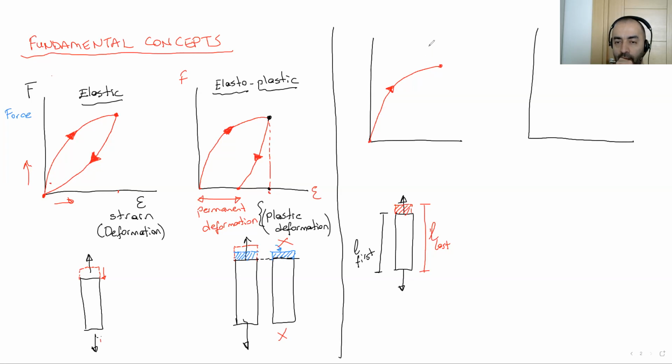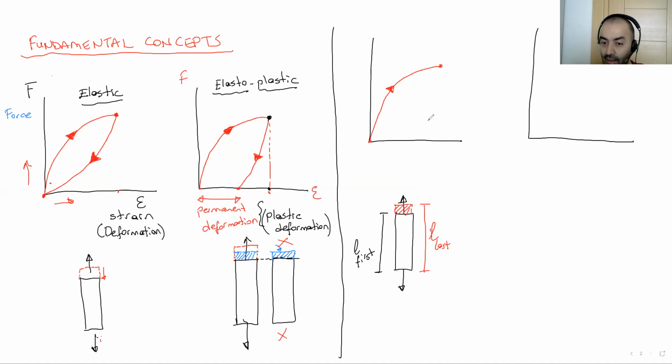We slowly remove the load on our member. But what we see in this member, there is no deformation change. We applied the load, we get a longer member. But when we remove the load, we still have a longer member.